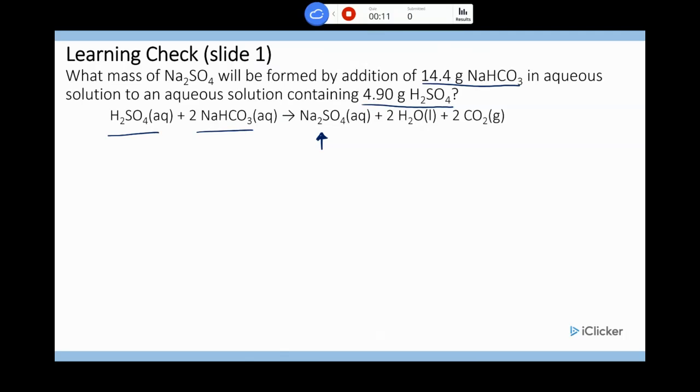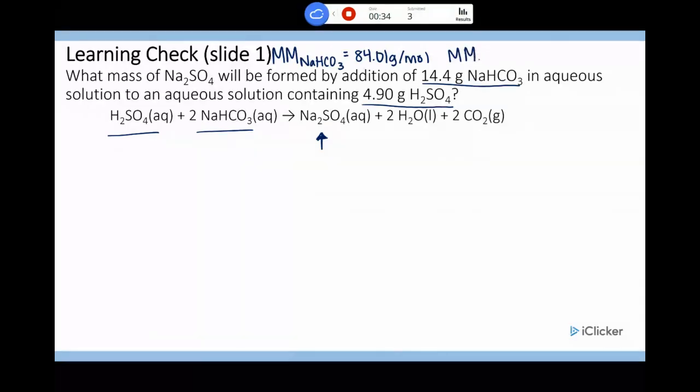Oh, let me give you molar masses actually. So you need the molar mass of sodium bicarbonate. I'll write all of these up here. I'm assuming you all can calculate molar masses. We're just adding the atomic masses of every element in the formula.